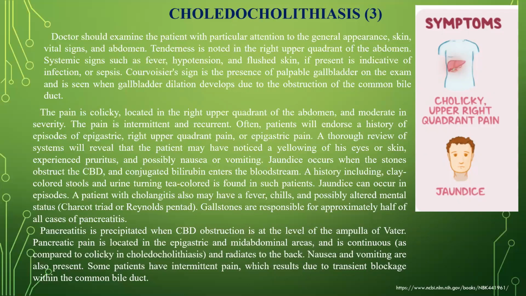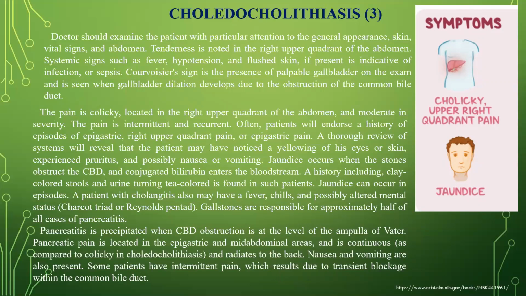The pain is colicky, located in the upper quadrant of the abdomen, and moderate in severity. It is intermittent and recurrent. Often, the patient will endorse a history of episodes of epigastric or right upper quadrant pain. A thorough review of the symptoms will reveal that the patient may have noticed yellowing of the eyes or skin, experienced pruritus, and possibly nausea or vomiting.